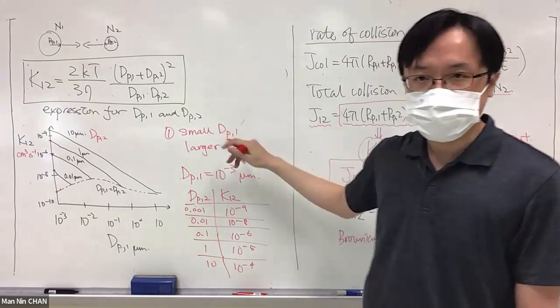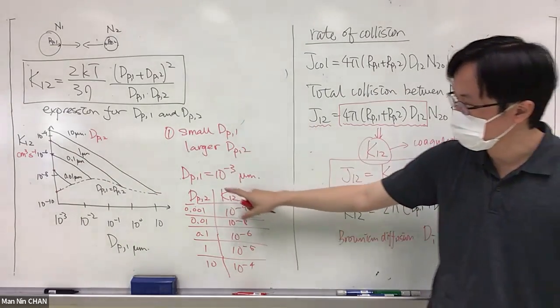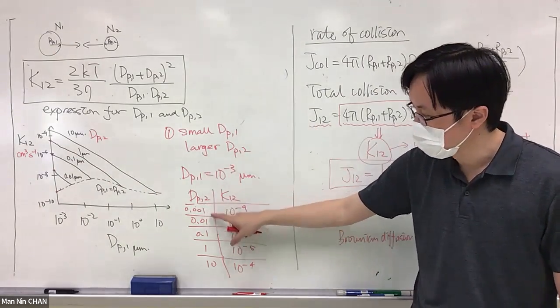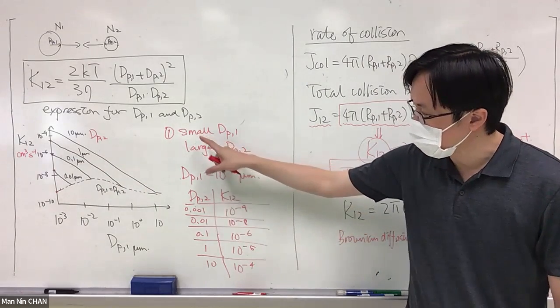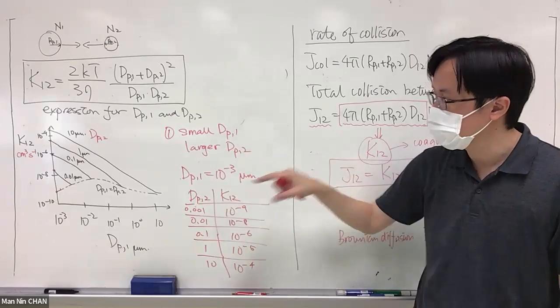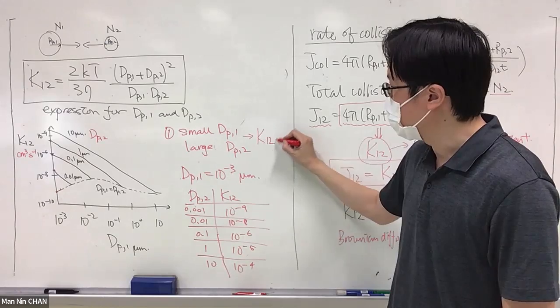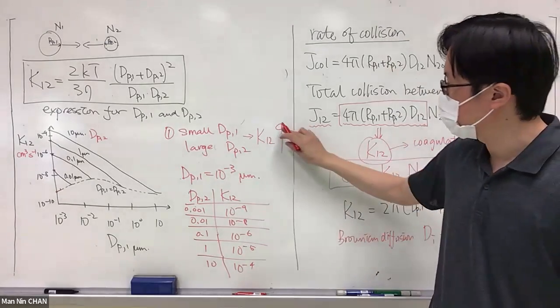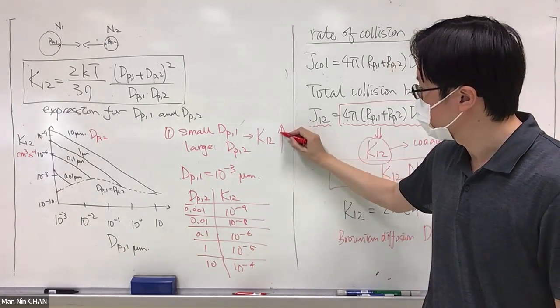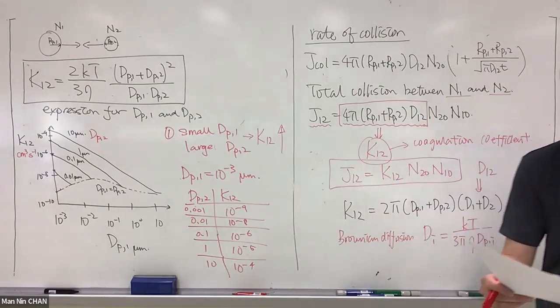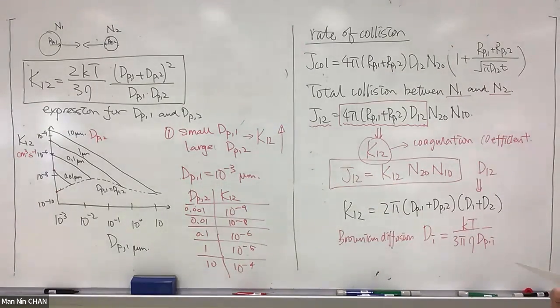It would increase, right? If they have the same very small size, but you have a small particle with a large dp2, with this kind of combination, your correlation coefficient will increase, right? Will increase.